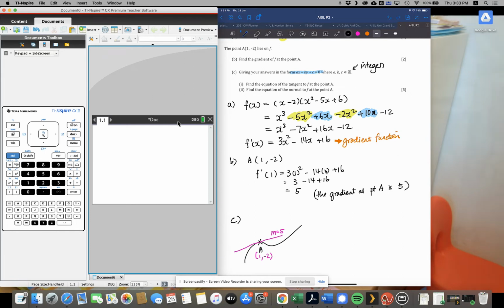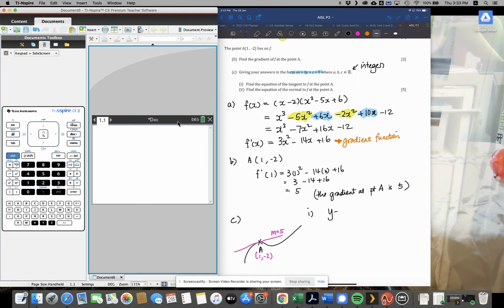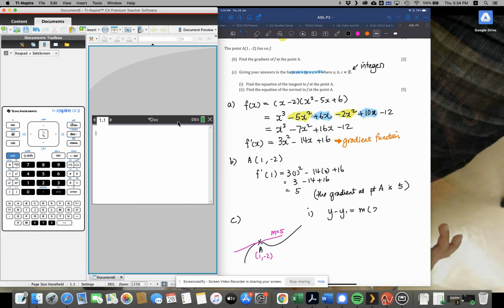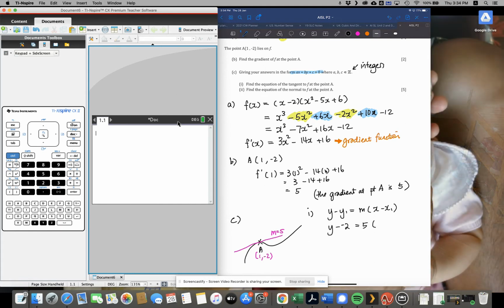This is part 1. Let's use the point gradient formula. So it is y minus y1 equal to m times x minus x1. So that's the general formula. We do y minus negative 2 equals the gradient times x minus 1.